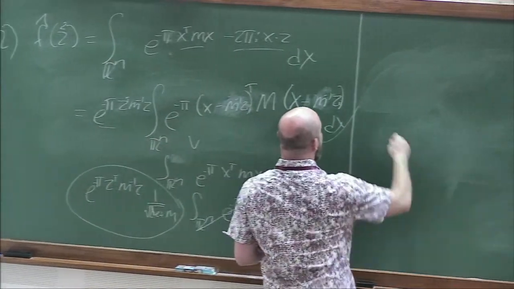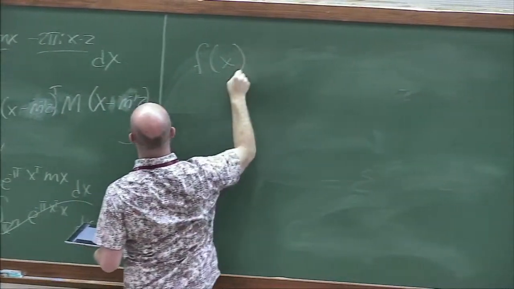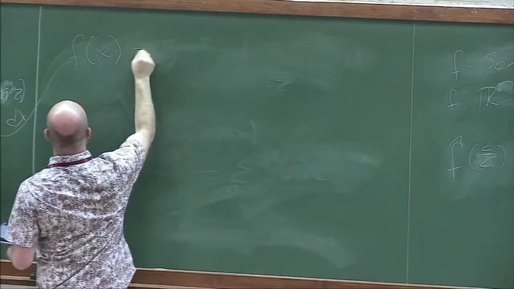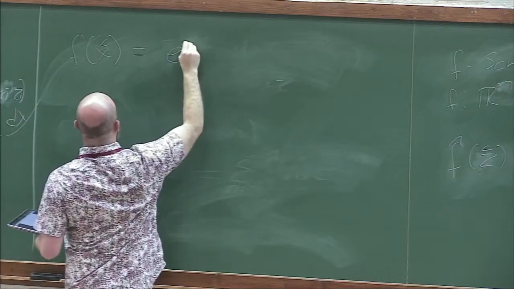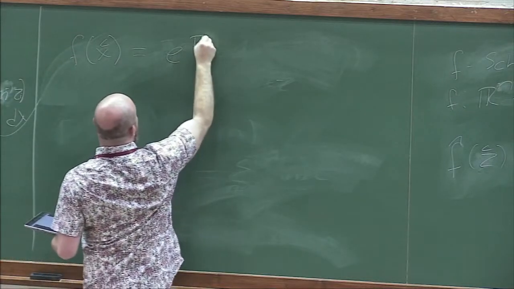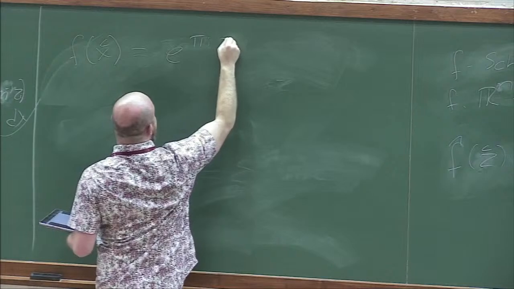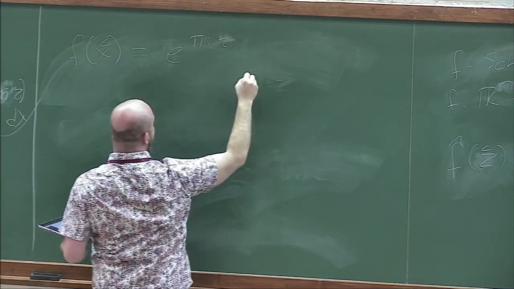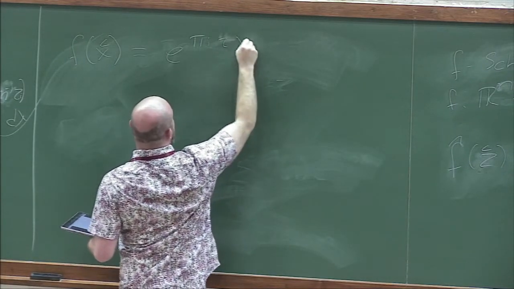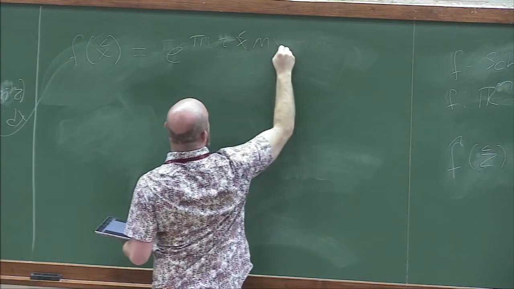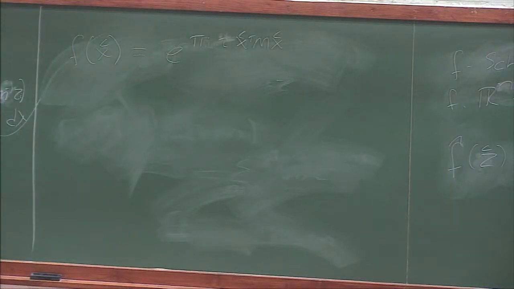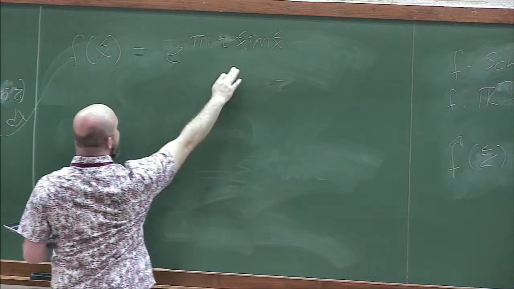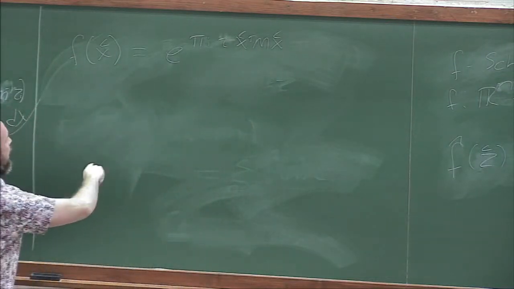We would like to modify this to be able to work with f of x vector equal to e to the, instead of a minus pi, I want a pi i and then a tau here, and then, again, our x vector transpose m x vector. Now, how does this compare to what we just did?